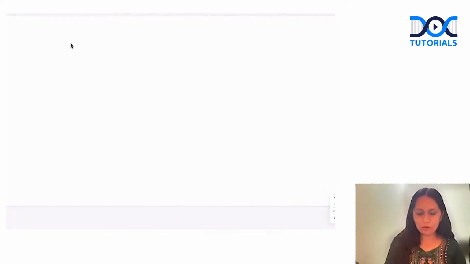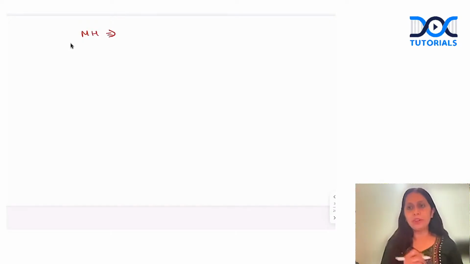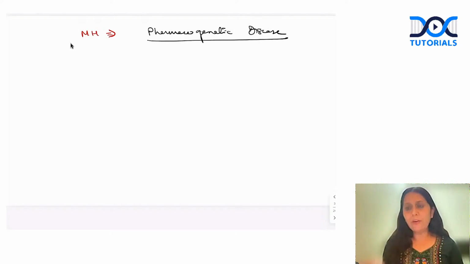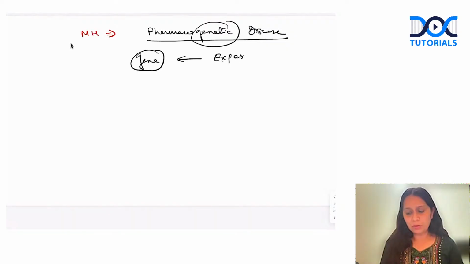So malignant hypothermia, again and again I am saying, is a favorite topic of the exam. As I said, it's a pharmacogenetic disease. So what is the reason for malignant hypothermia? The gene present in an individual. If the person is exposed to certain drugs, the malignant hypothermia gets triggered.